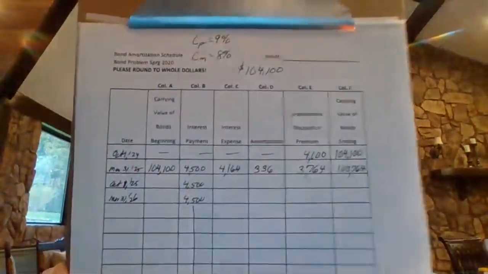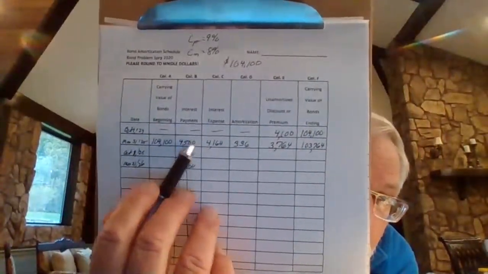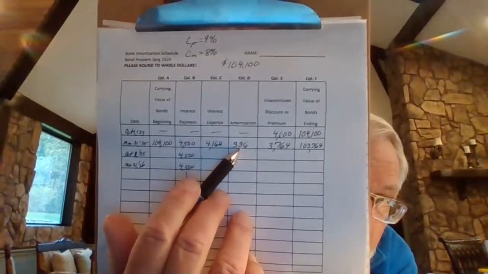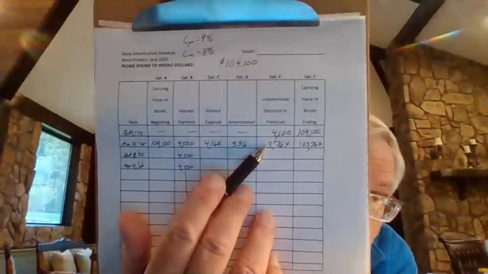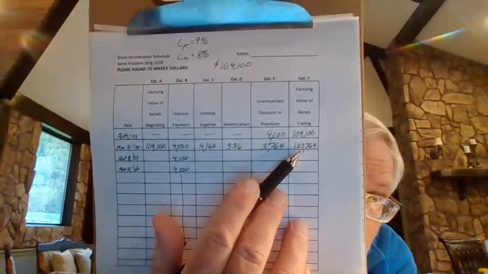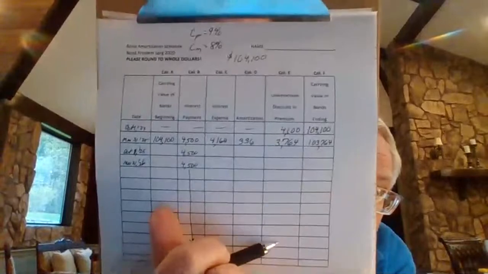It's going to make that $37.64, and that's going to drop the carrying value to $103.64. All right. So the amortization is the difference between the payment and the expense. That's the amount of premium we're going to amortize for this interest payment. And it's going to reduce the premium, and it's going to reduce the carrying value, because once again, we want this to hit 100,000 and this to hit 0 at the end.